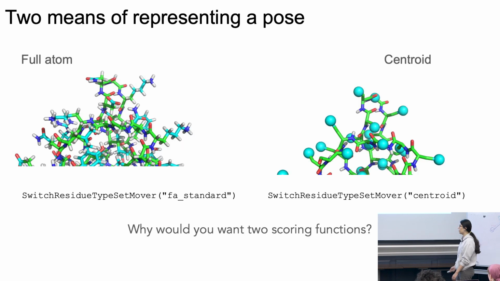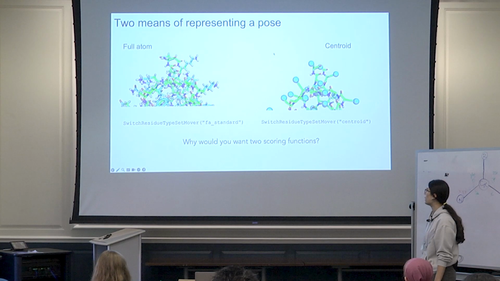And so in Rosetta, in order to have a way of keeping score of changes that we make to protein structure and sequence, we're going to talk about how we might want to represent a pose and make changes either in this full atom representation here or a centroid representation here.